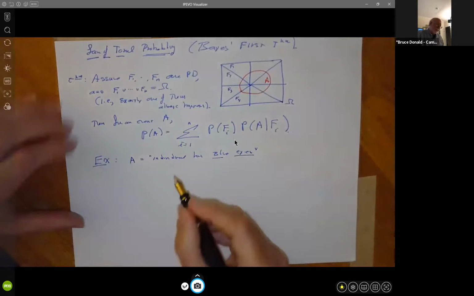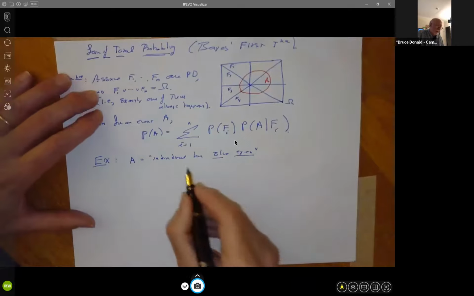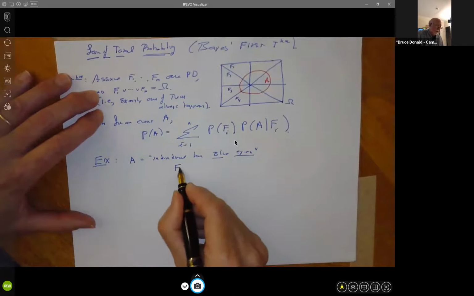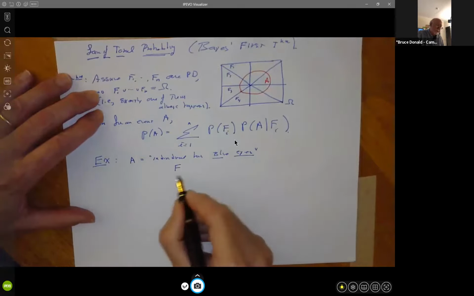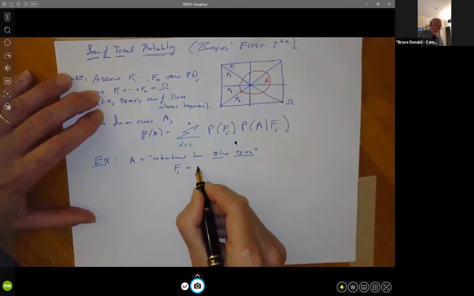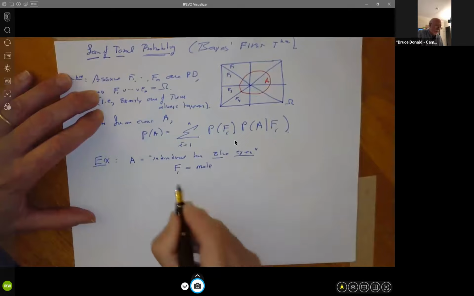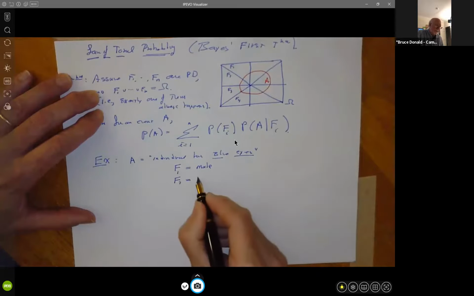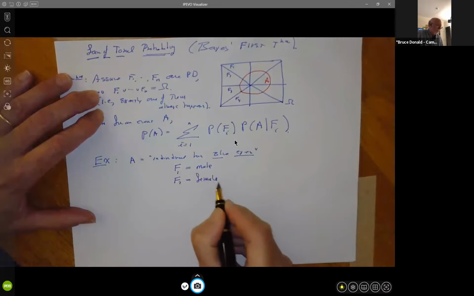Now, in a hypothetical world that's binary, such as 2004 on Facebook, F1 could be the event that the individual is male, cisgendered. F2 could be the event that the individual is female, cisgendered.